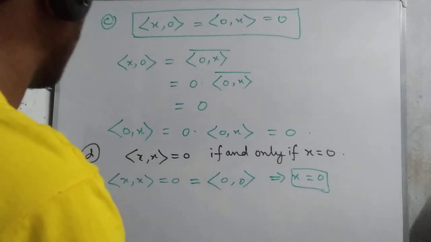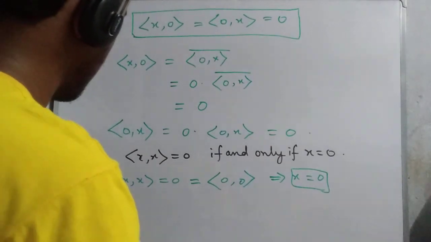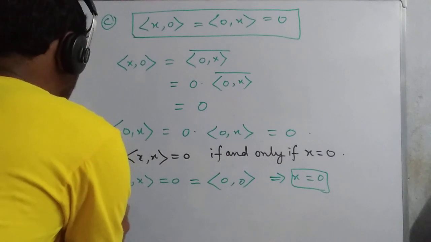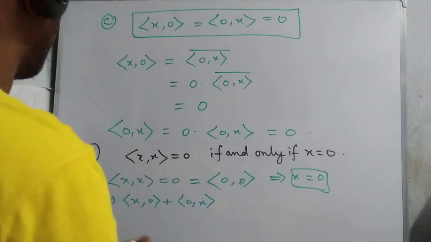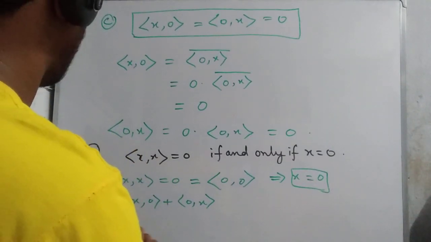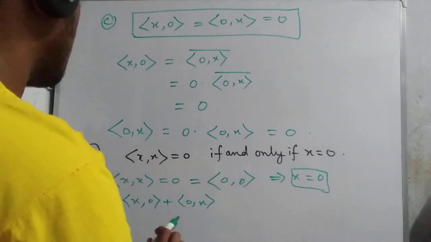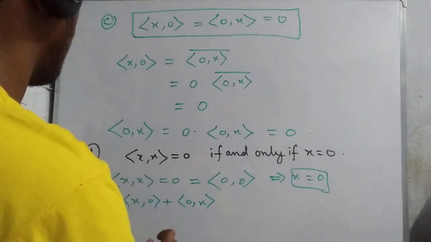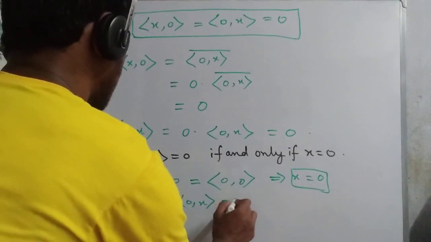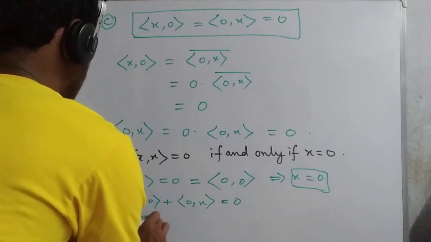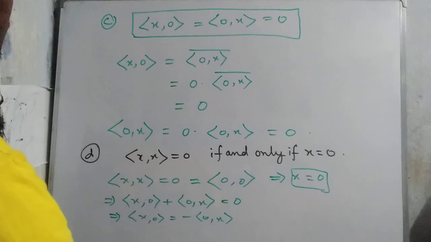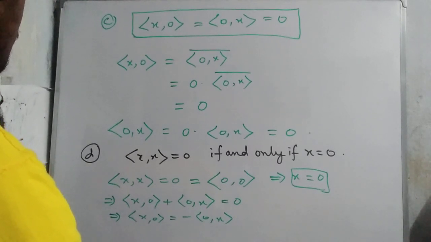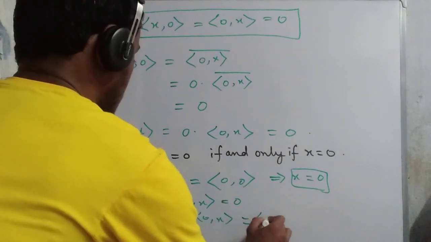And if we want to modify this one, then obviously we write <x, 0> plus <0, x>. This one equals 0, so <x, 0> equals minus <0, x>.